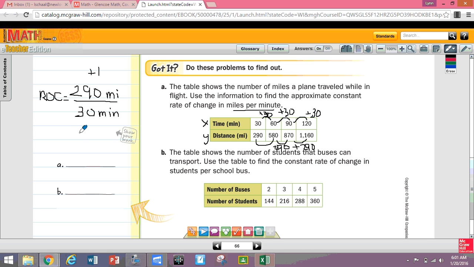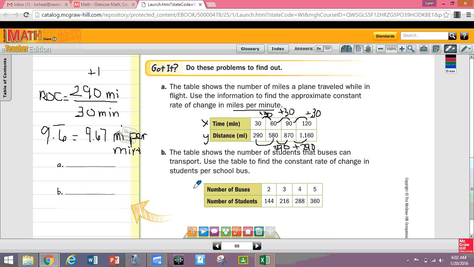When you do that, because they're asking for a unit rate, you're going to come out to 9, and then 0.66666 repeating. It's a repeating 6, so you usually would round to the nearest hundredth. So that would be 9.67 miles per minute. Miles per minute. Okay?